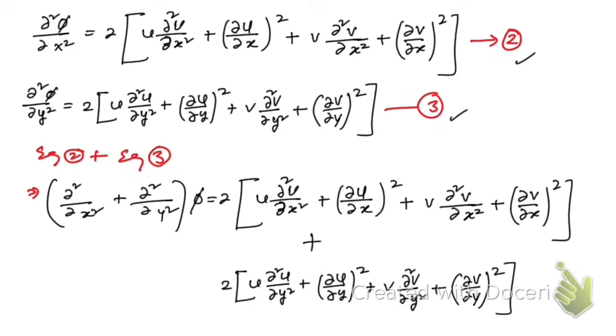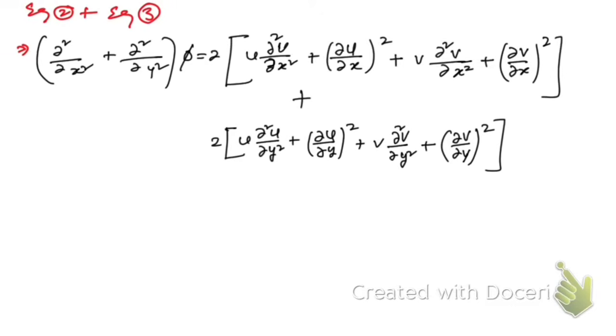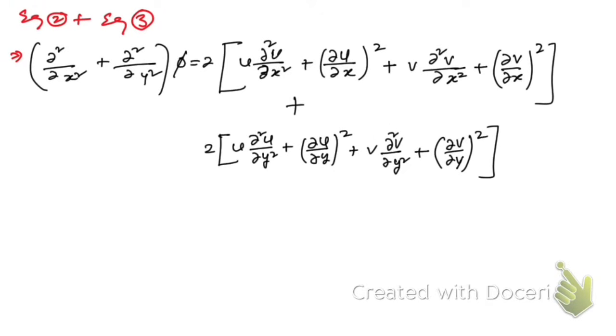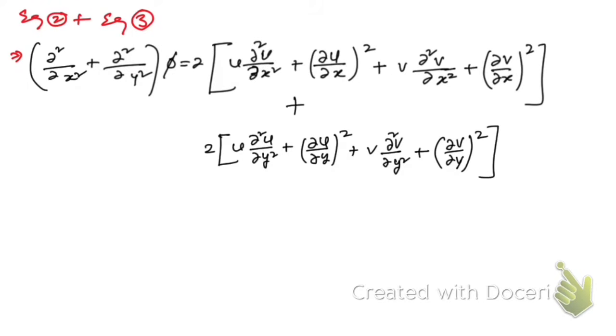Now let me copy this result, and let me go to next slide, as we have not enough space here. So this is the result we have got, adding 2 and 3, right? Let me write this way.